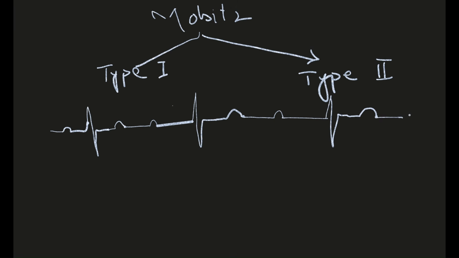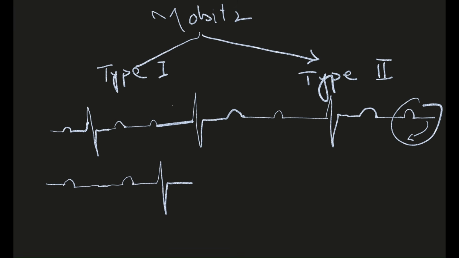Ultimately, there is a P wave. If I continue it over here, for example, if I draw this P wave over here, there is no QRS complex after it. Then there is another P wave, then QRS complex.